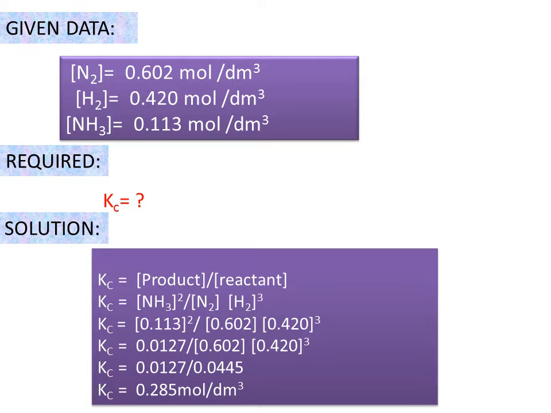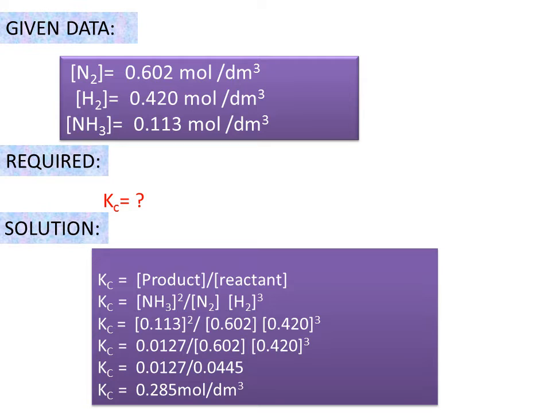Okay, now we will write down the values. Kc is equal to 0.113 whole square, because ammonia value is 0.113 and we have 2 as a coefficient, divided by nitrogen value 0.602, multiplied with 0.420 whole cube, because we have 3 moles of hydrogen.